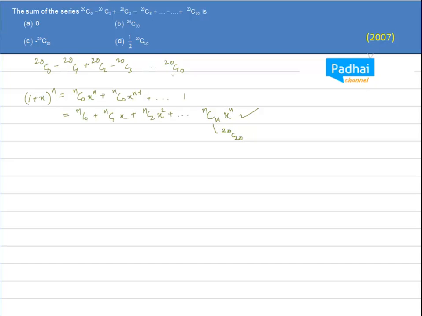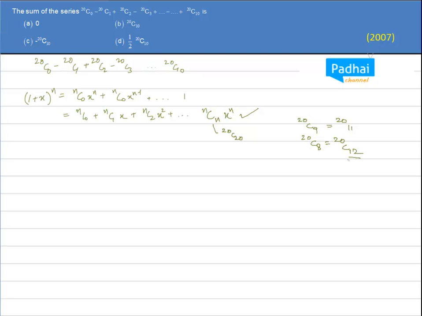Why? Because by the property of the coefficients, 20C9 is equal to 20C11, and 20C8 is equal to 20C12. If you subtract the upper and lower, the term that you get can be put in the lower domain also.